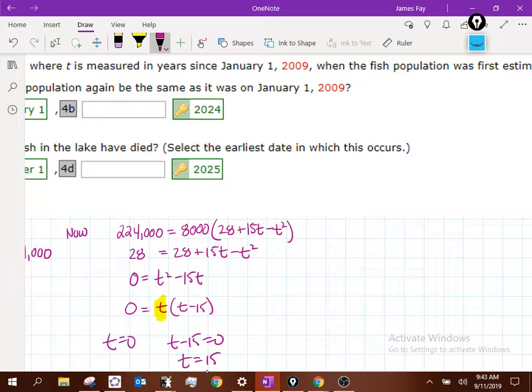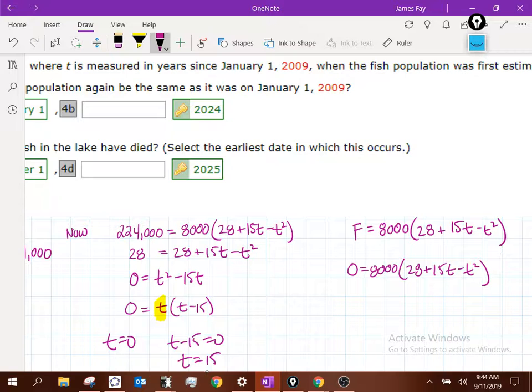So if I have F was equal to 8,000 times 28 plus 15t minus t squared, and that was giving me the number of fish that I have at a particular time, and I want my number of fish to be 0 here, I should have that, right? And divide both sides by 8,000. At the same time, I'll multiply by a negative so I can reposition these. So I get that.